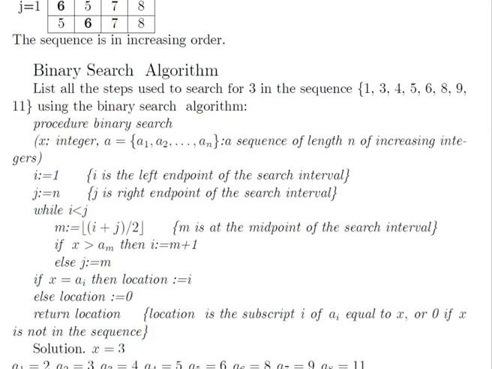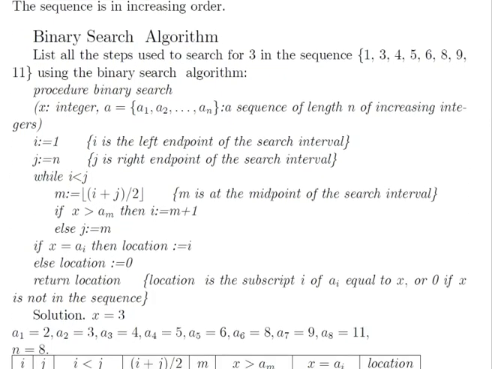The next example is a binary search algorithm. This is the procedure. The input is a sequence of length n of integers in increasing order, so the sequence is already sorted.